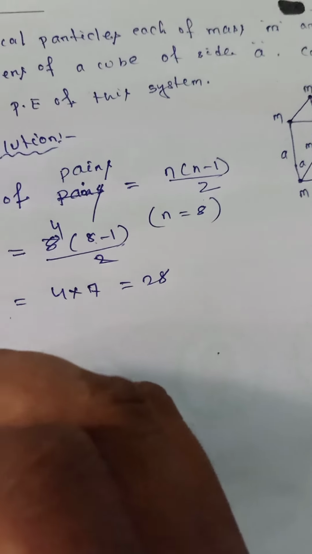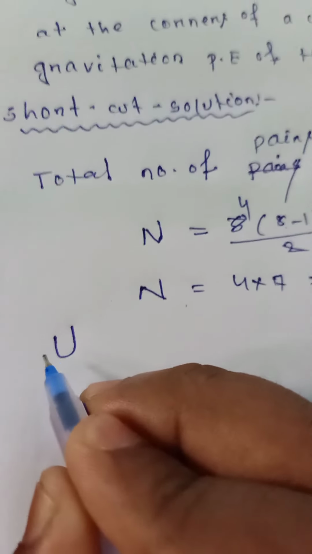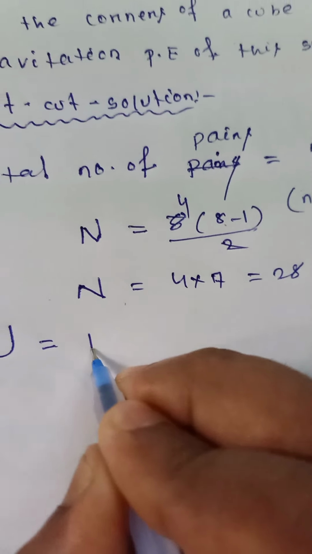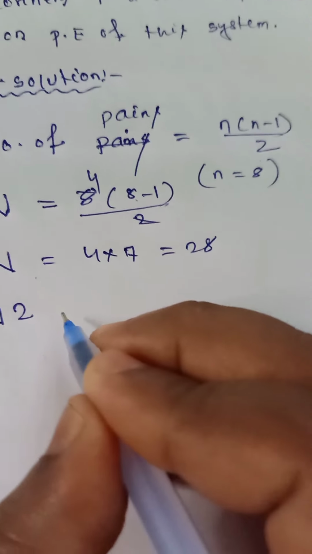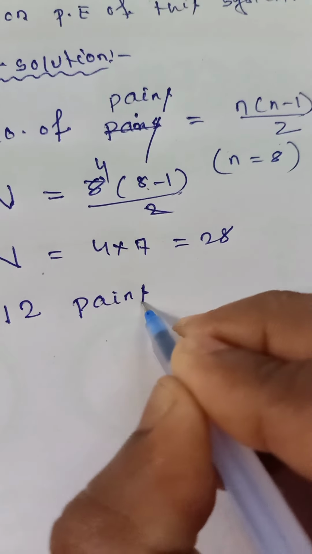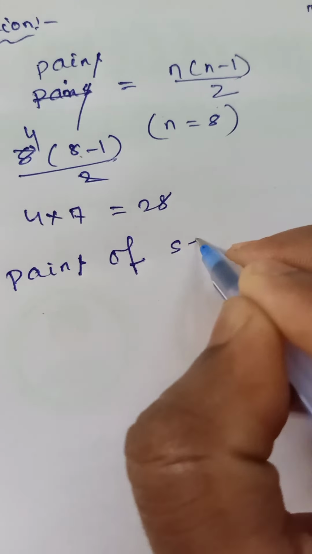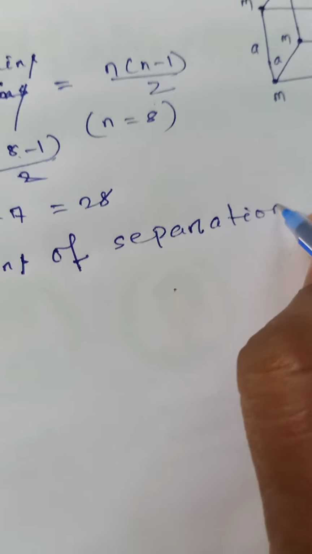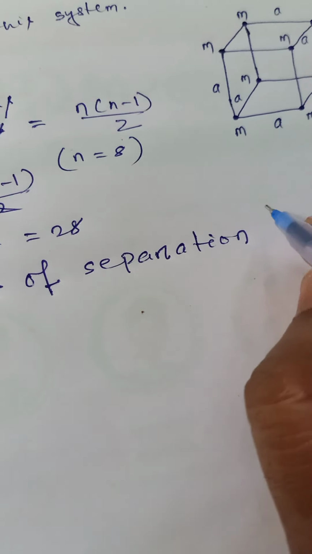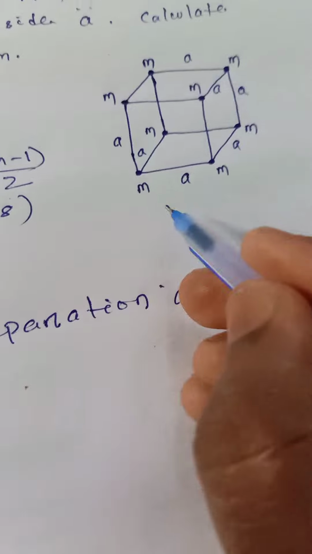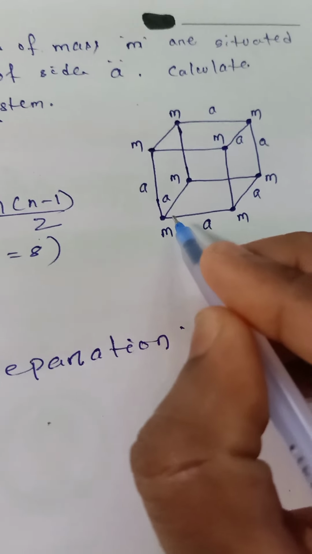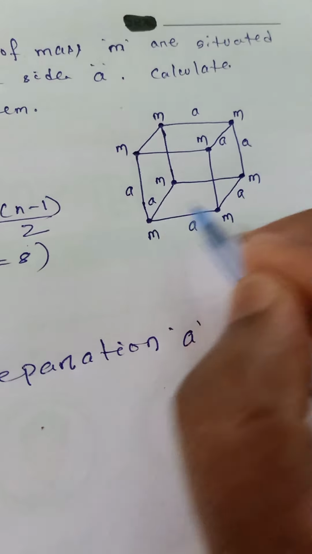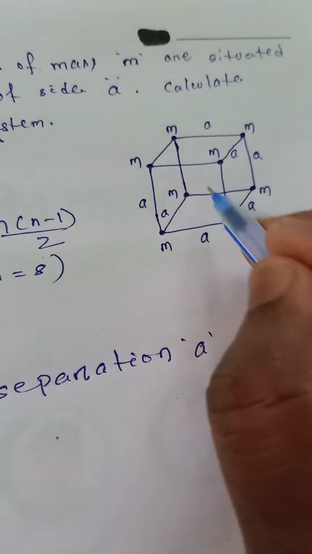Now the gravitational potential energy U. There are 12 pairs of separation a, because the cube has 12 sides: 1, 2, 3, 4, 5, 6, 7, 8, 9, 10, 11 and 12.